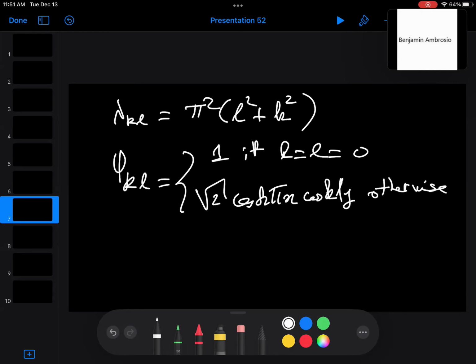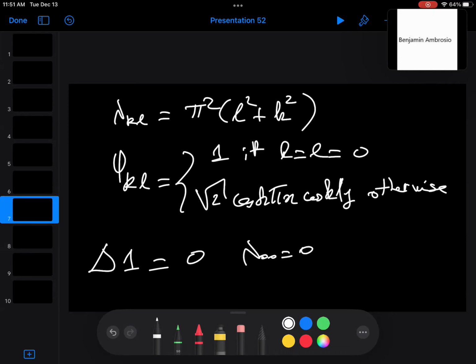Okay, so one thing that we can remark is that my first eigenvalue is 0, because the Laplacian of 1 equals 0. So lambda_00 is 0.